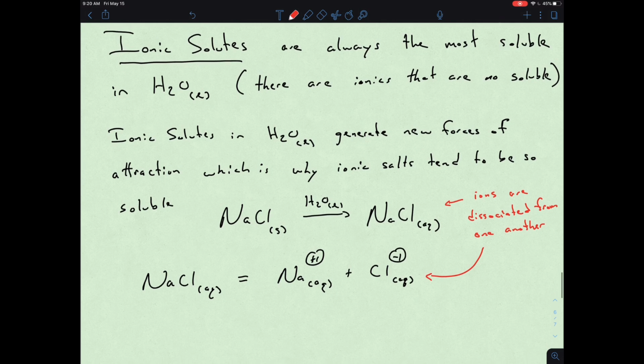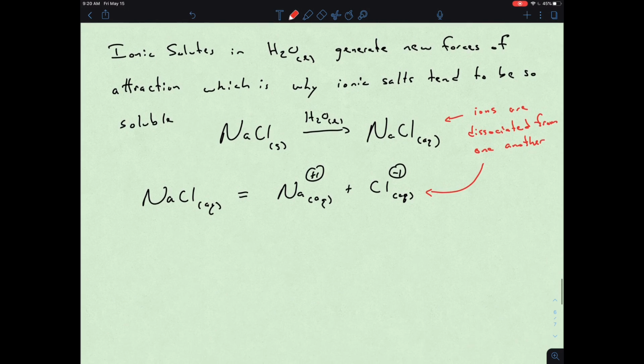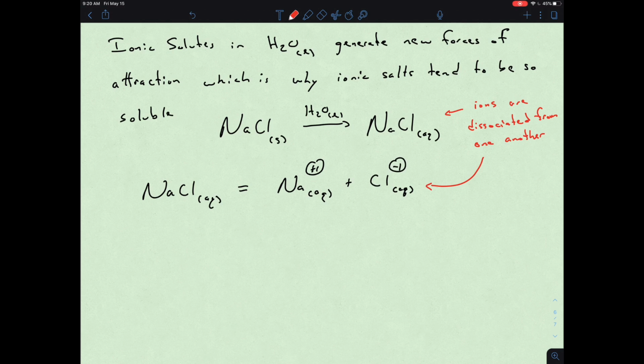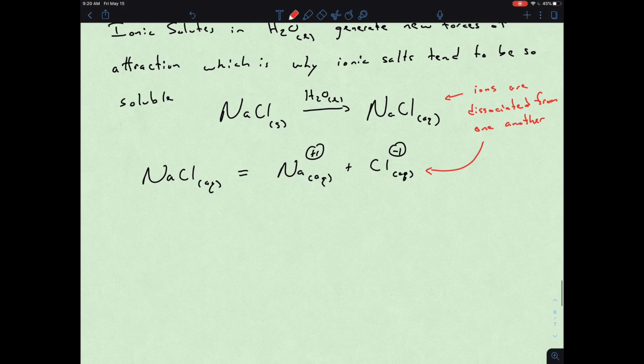So when we look at these ions dissolved and try to come to grips with the fact that sodium chloride has the strongest forces of attraction, electrostatic forces, and those electrostatic forces don't really match with water and its hydrogen bonding forces, what we find is there's a new force of attraction that actually occurs.